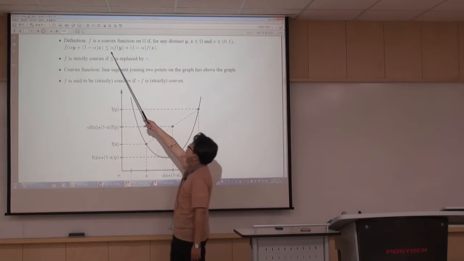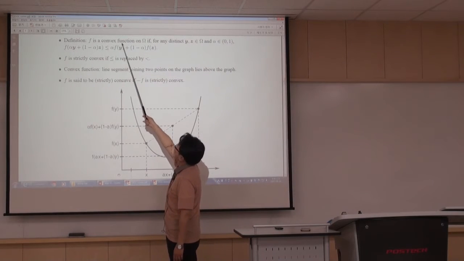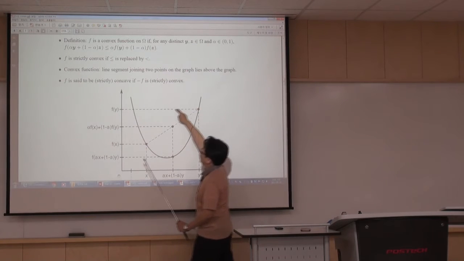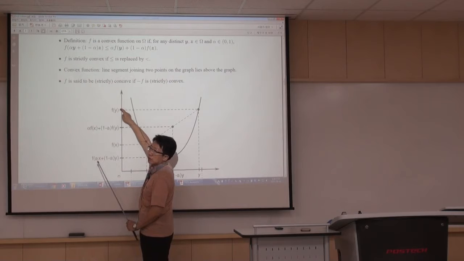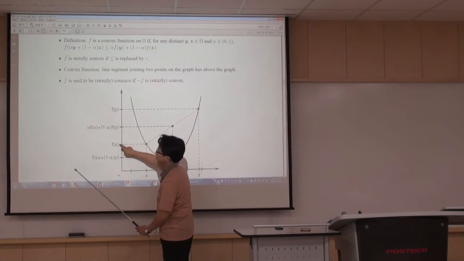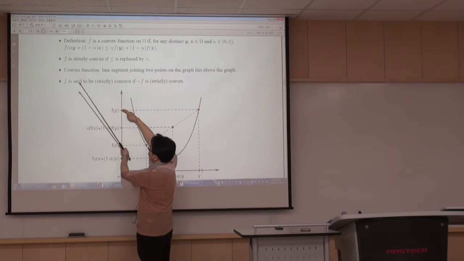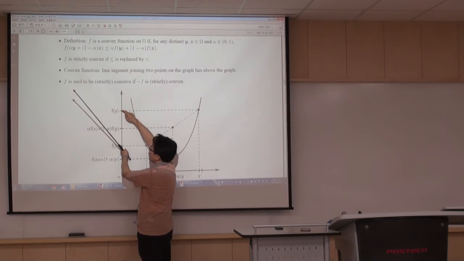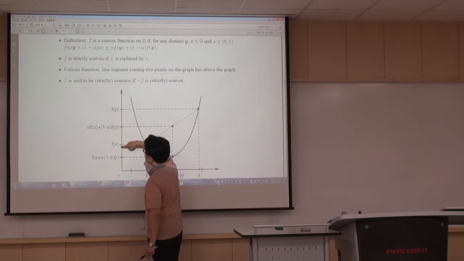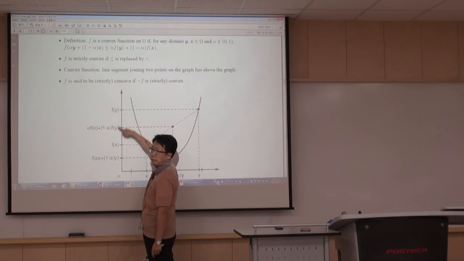Now, what is this one? First, f of y is this value, right? Now, what is f of x? This value. Now, you mix this one by weighting alpha and weighting 1 minus alpha, and you move here.